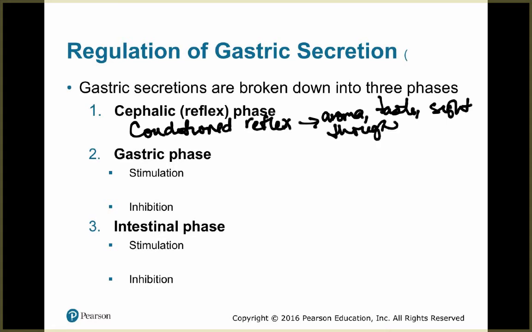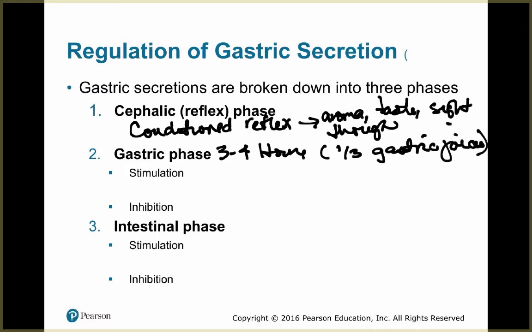All those first things that happen when you're thinking about eating, right? That's going to be the cephalic or the reflex phase. The gastric phase basically lasts about 3 to 4 hours. This provides about 1/3 of the gastric juices released, right?